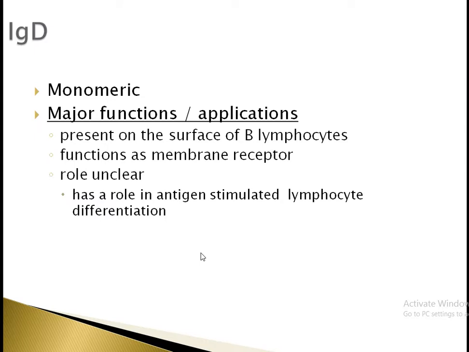IgD is present on the surface of B lymphocytes and functions as a membrane receptor. Its exact role is not clear, and it may have a role in antigen-stimulated lymphocyte differentiation.